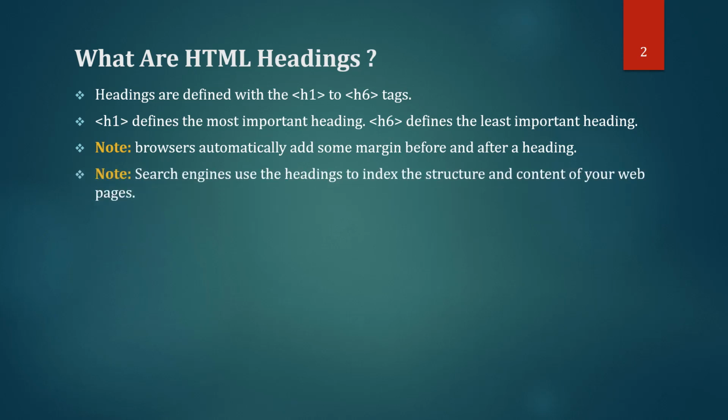Second note is search engines use the headings to index the structure and content of your web pages. It means search engines like Google and Bing use the headings to index the structure and content of our web page. It means they use our headings to show the results on Google search.